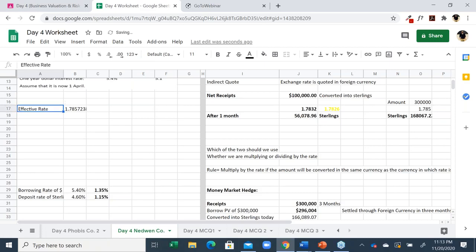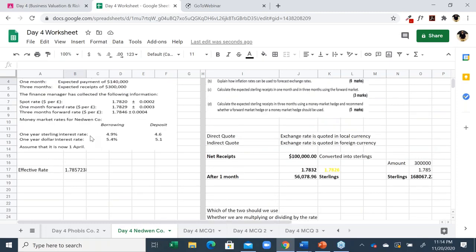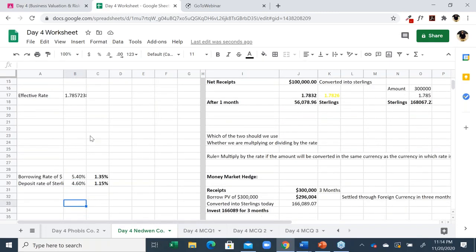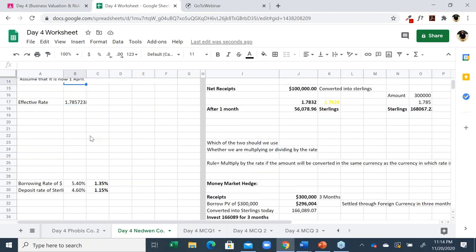Now, like we calculate the sterling in case of forward rate, we should calculate it in the same way, but we will be using this rate now. What was the amount that we will be receiving in dollars? 300,000.